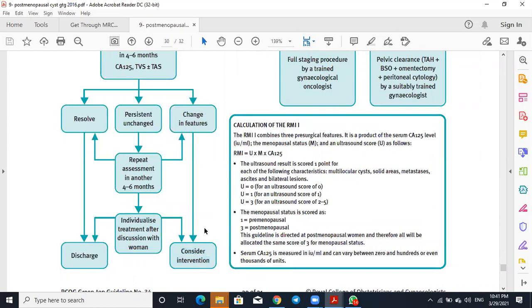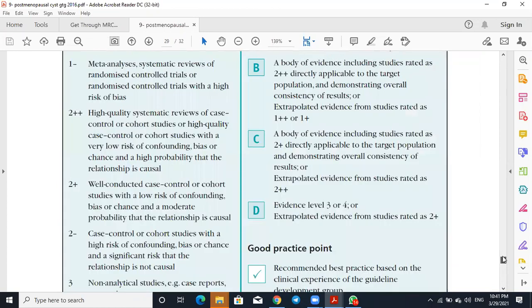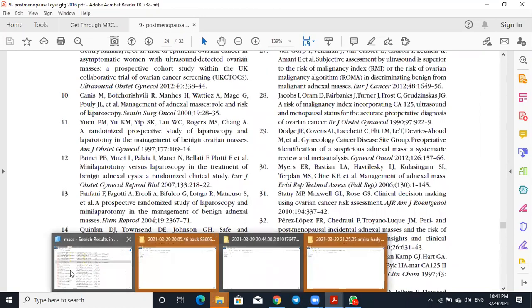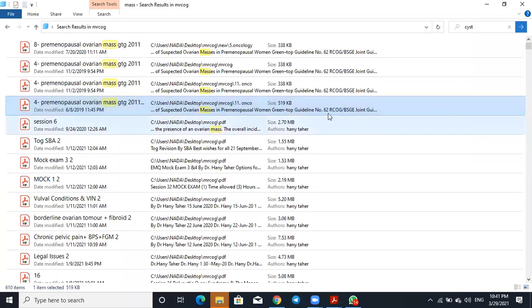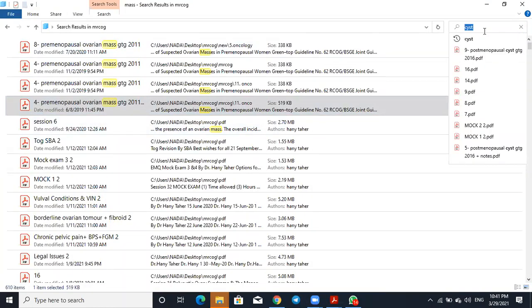And the intervention here is surgery. But what surgery? Why keep the other ovary also? Okay, let's do it. Let me get the one that is with my notes as well.